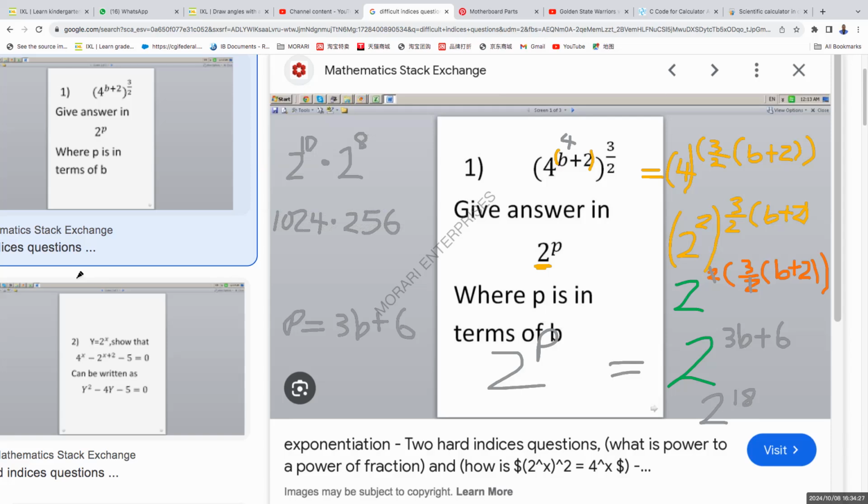2 to the power 0 is what? 2 to the power 1 is what? 2 to the power 2, 2 to the power 3, 2 to the power 4, 2 to the power 5, 2 to the power 6, 2 to the power 7, 2 to the power 8, 2 to the power 9, 2 to the power 10.